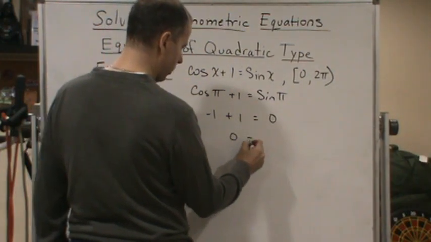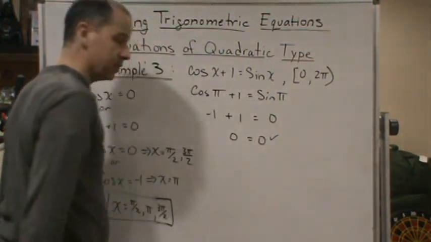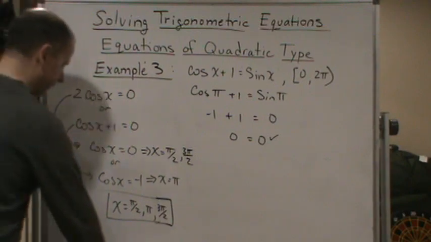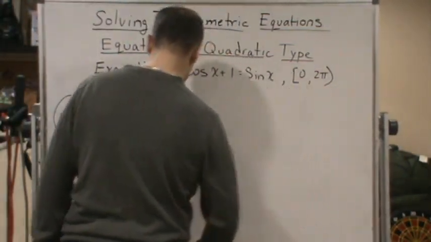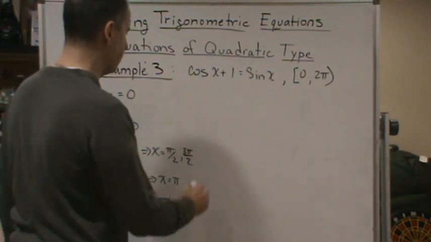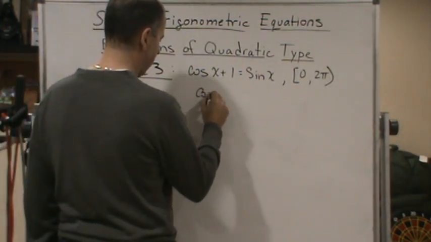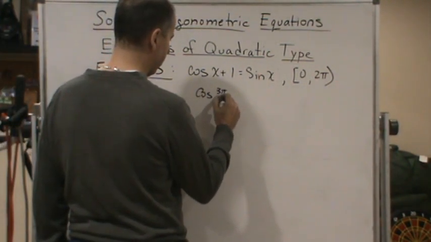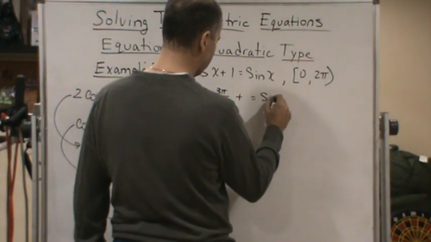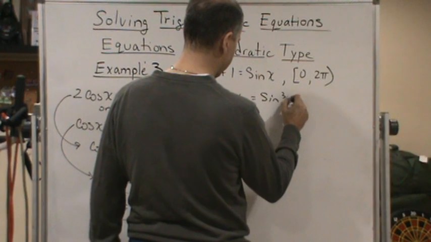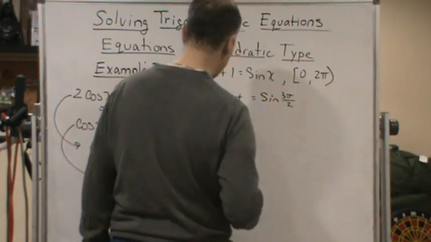So this gives us 0 is equal to 0. That is true. So that passes. Okay, now let's check 3 pi over 2. So cosine of 3 pi over 2 plus 1 equals sine of 3 pi over 2.